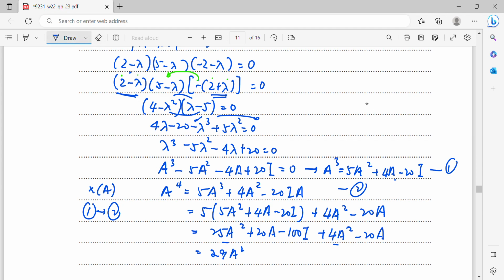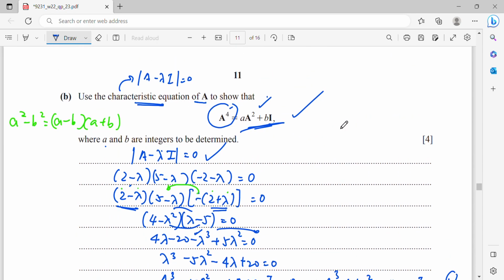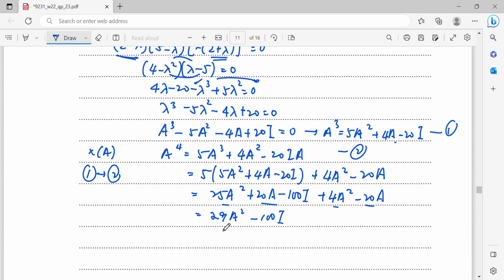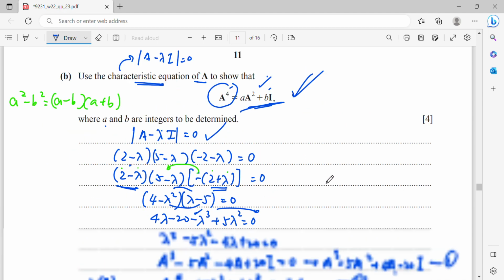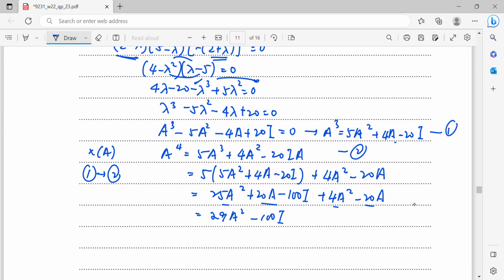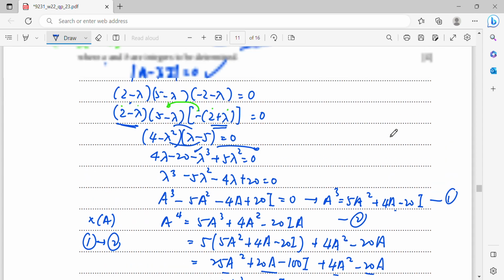Then 20A minus 20A is 0. Then minus 100I. So when you compare with the given form here, aA squared plus bI, which means your a, small a, is 29. Your b will be negative 100. So a is 29, b is negative 100. So this is how we solve this question.